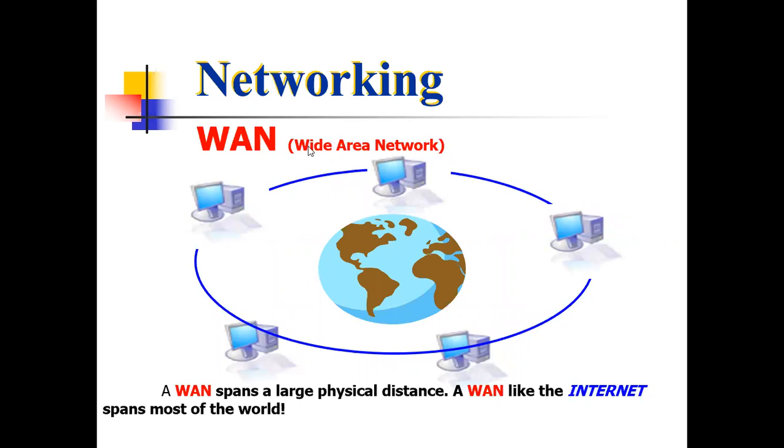Next we have WAN, wide area network. If you have a very large distance, maybe in another country, like India to USA, you need to use a WAN. If you have offices there, they will connect using a wide area network.